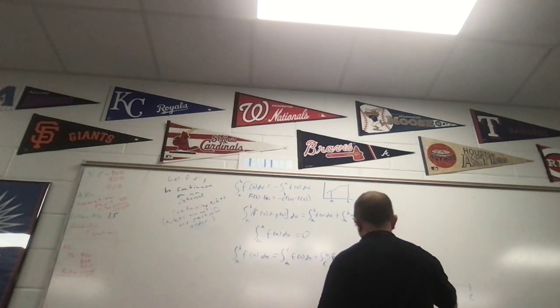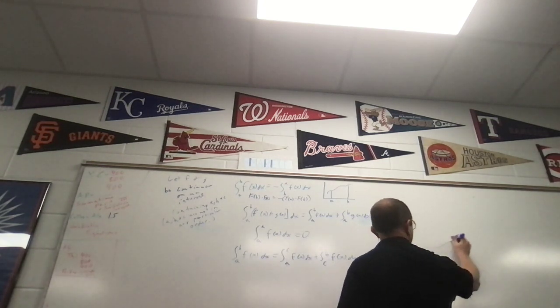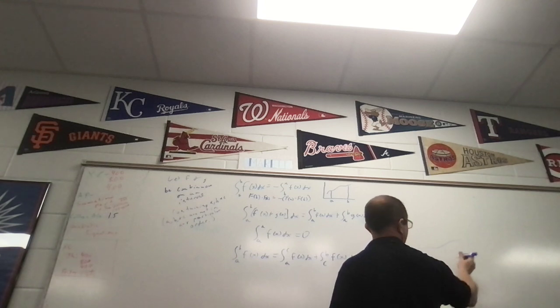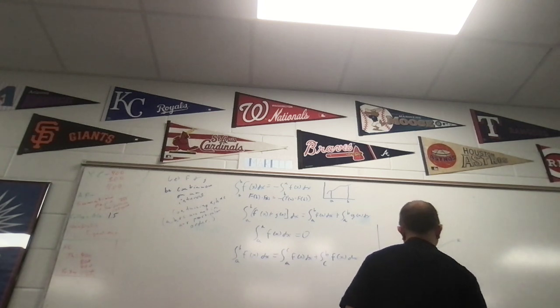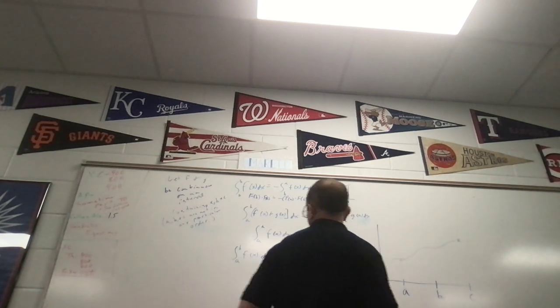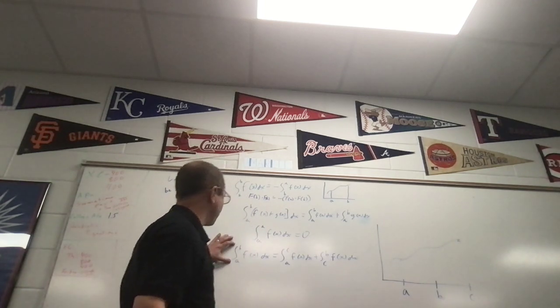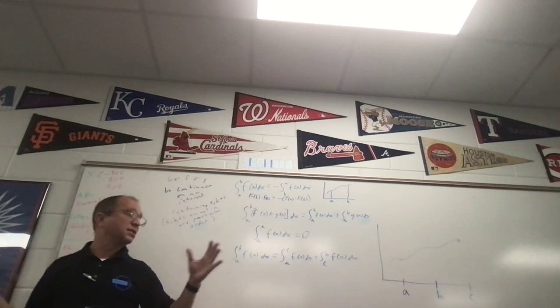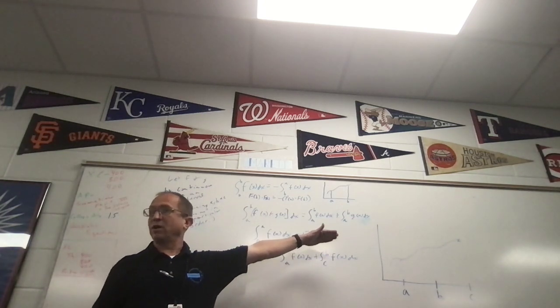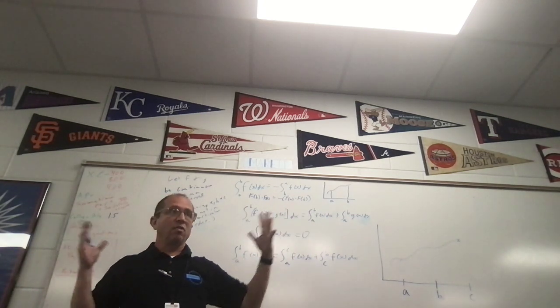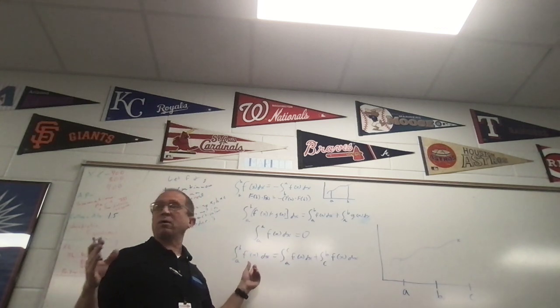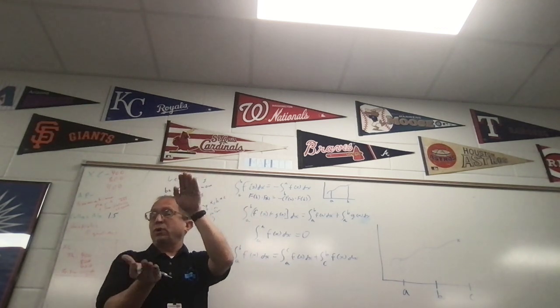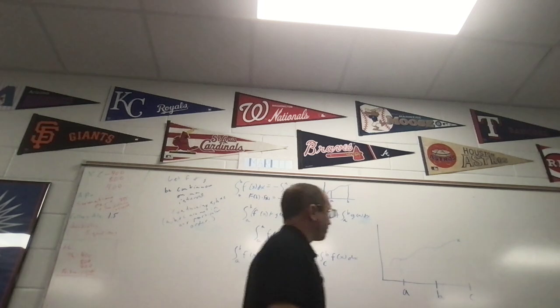And again, here's my function f of x. All right. Now, the integral from a to b of f of x, and since the function's always positive, is going to equal the area from a to b, the area between the x-axis and the curve itself.